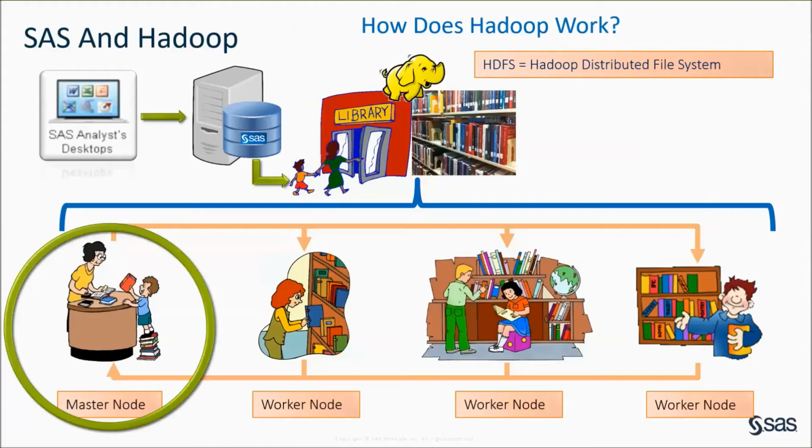So the master node, or the librarian, takes the request, says, yes, I can process this, sends the request out into the worker nodes, grabs the information through a MapReduce process, and sends it back to SAS for your consumption and processing further. If possible, all processing should be done in the Hadoop cluster.